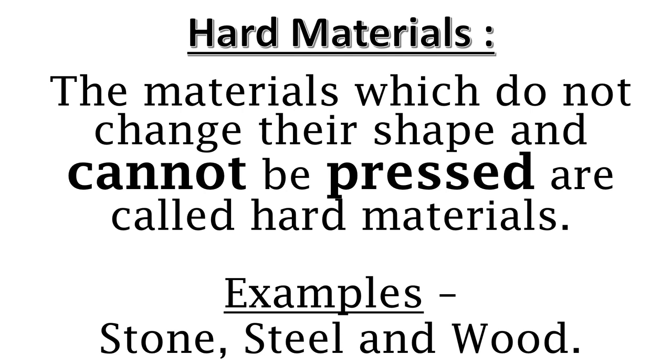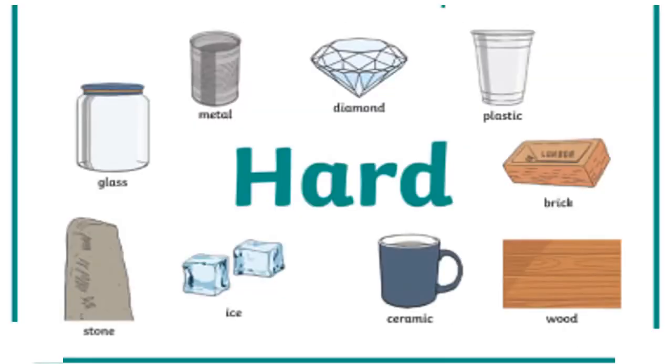Examples: stone, steel, and wood. Here are a few examples of hard materials. Students, you can try pressing any of these materials available around you. You will find that even if you apply pressure, you will fail to change their shape and size because they are hard.